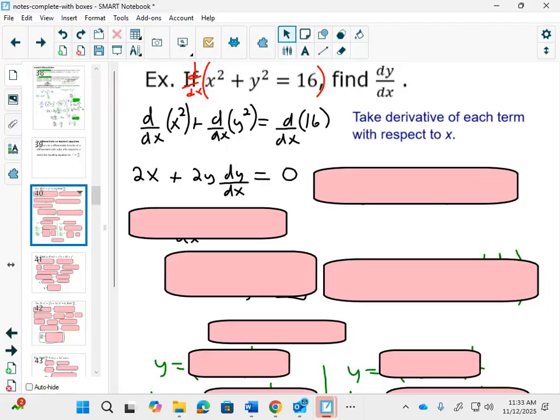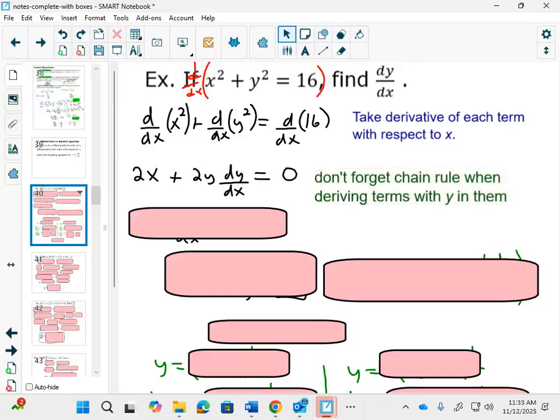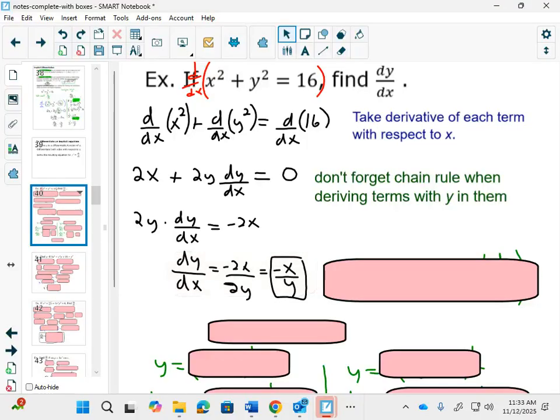The 2 comes out in front, the inside function y stays the same. Then you'd have to multiply by the derivative of y, which is just dy dx, equals 0. Anytime you have a y in them, you'll probably have to use a chain rule. And then we just rearranged, which we did before, and get negative x over y.